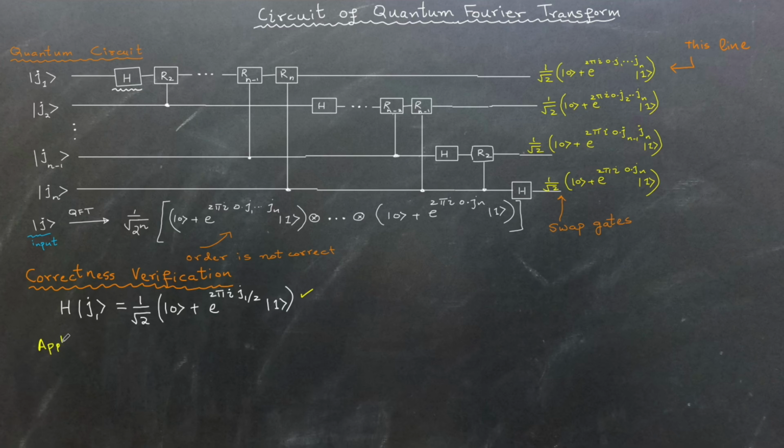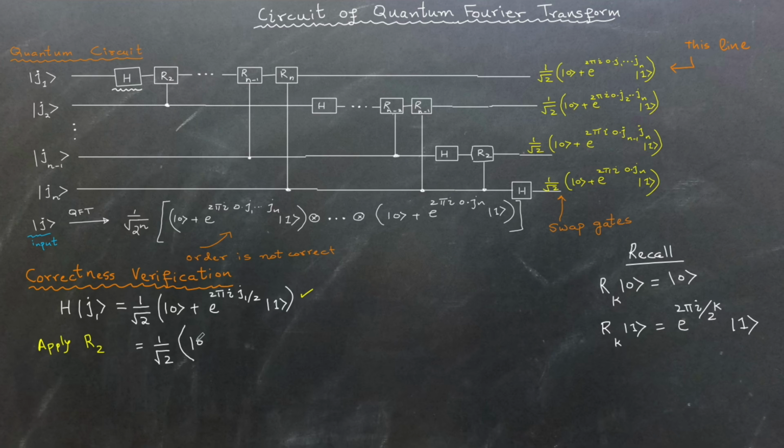On this intermediate result, we apply the R2 gate. Recall that the Rk gate is a phase gate that does not affect ket 0 but introduces a phase factor to ket 1. Specifically, the phase factor is Euler number raised to the power of 2 pi i divided by 2 to the power of k. For the R2 gate, k equals 2.